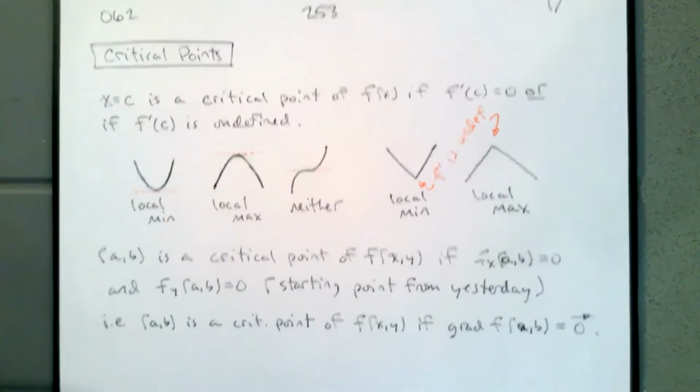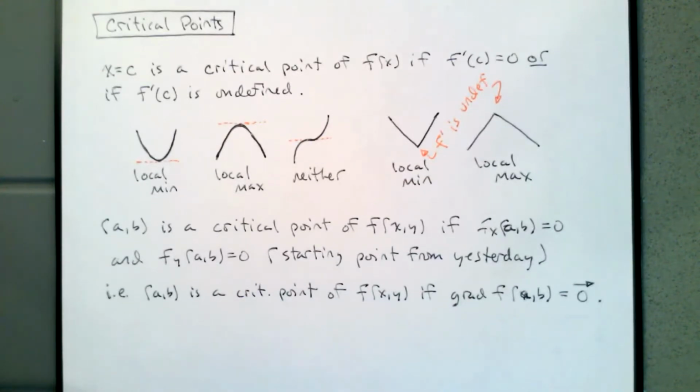Because if the gradient at (a, b) is equal to the zero vector, that means f_x is equal to zero and f_y is equal to zero at (a, b). So it's a way of capturing two derivatives equaling zero, because those two derivatives show up in the vector, the gradient.